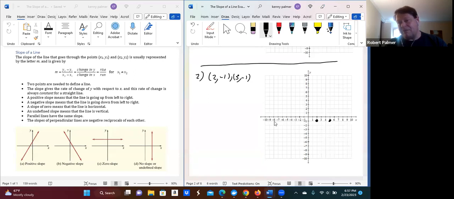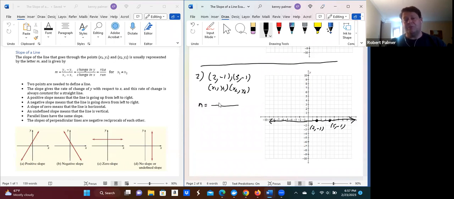Okay, so if we graph that line, you can see it should be just a flat, horizontal line. So what that means is my slope should be, as we said before, 0 for a horizontal line. Let's see if that's the case. Once again, I'm going to call this x1, y1, though it doesn't matter, and x2, y2.